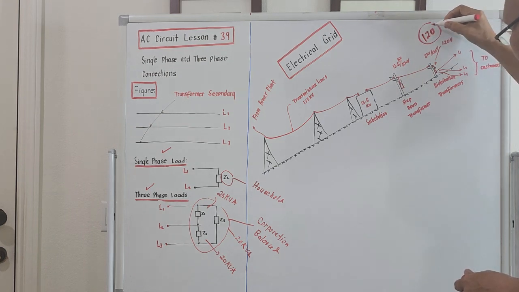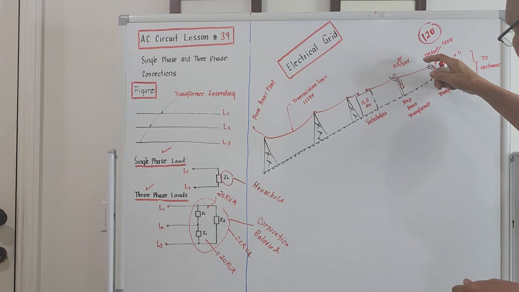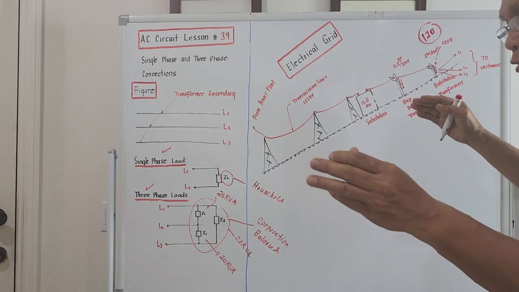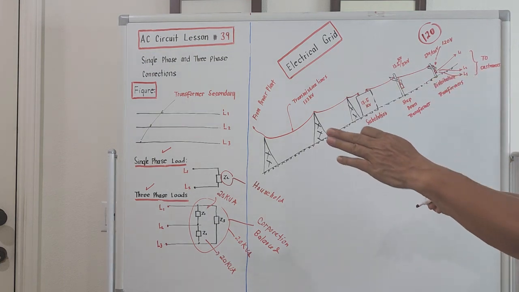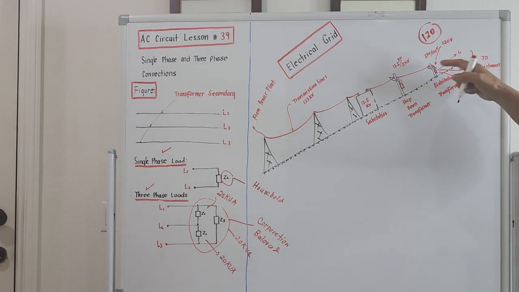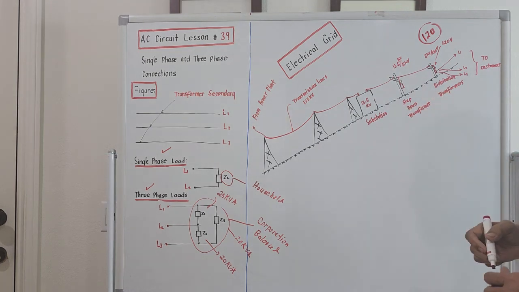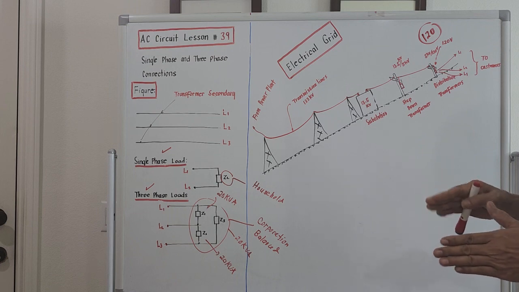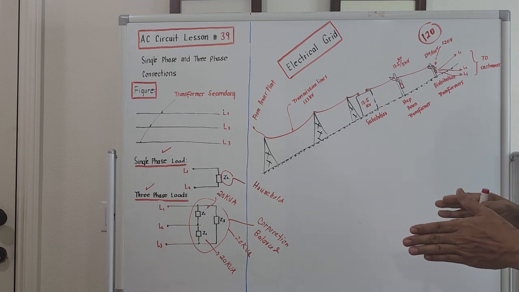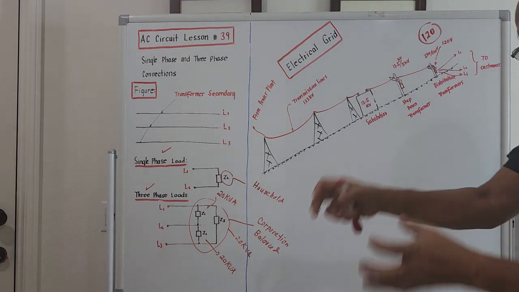For us to be safe, they will change this 5,000 volts to 120 so we could use it in our houses. So actually the output of the transformers and the secondary phase are rated maybe 5 kV primary, and the secondary will be 120. But for a three-phase load, it depends. If the voltage requirement of a three-phase load is not 120, utility companies could designate a transformer exclusively for them.